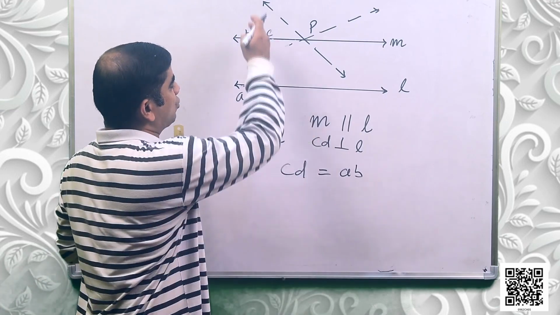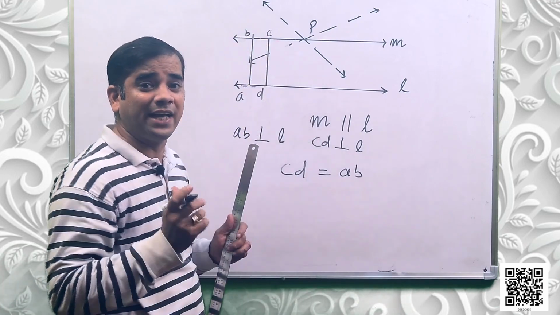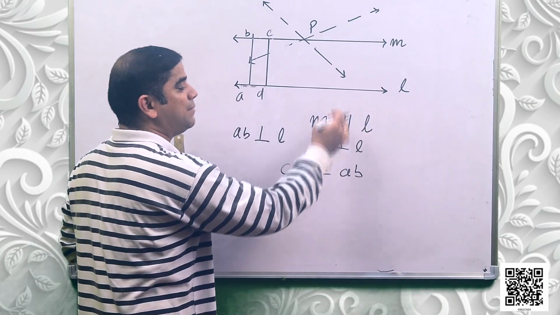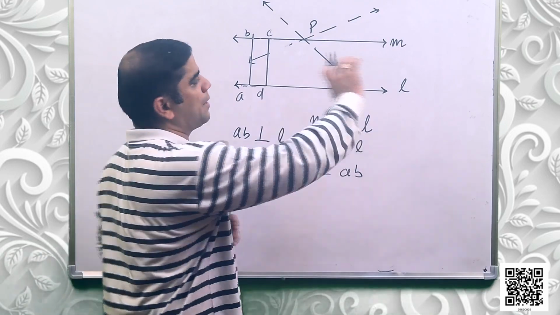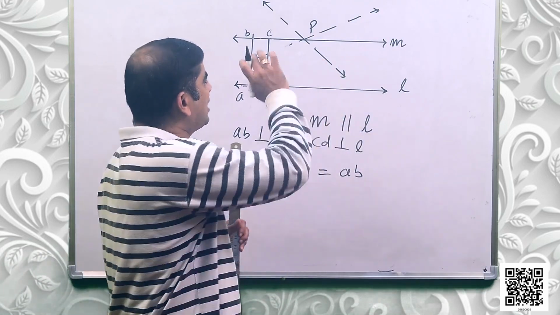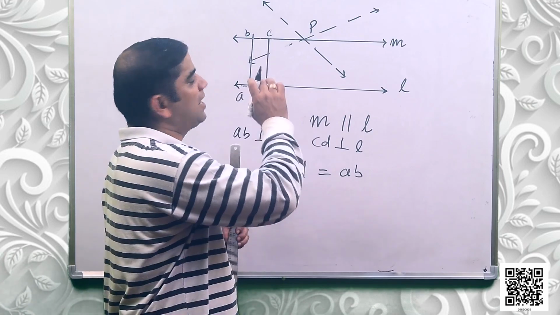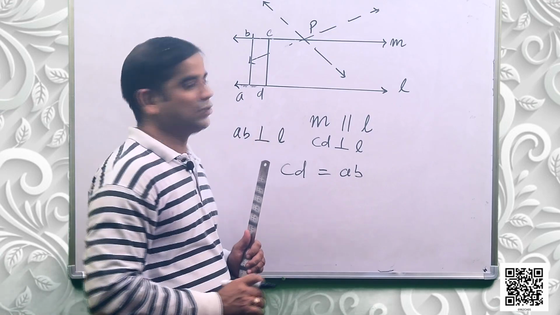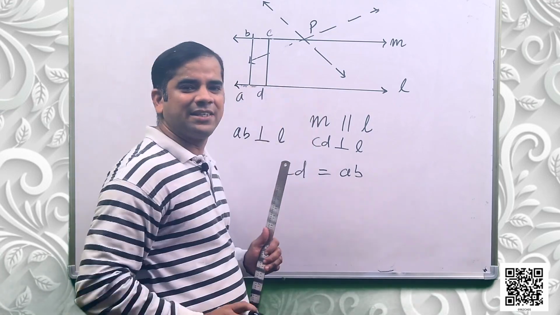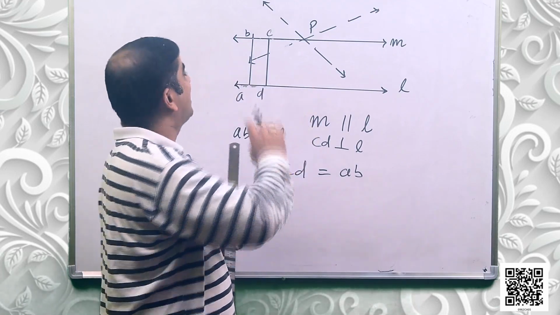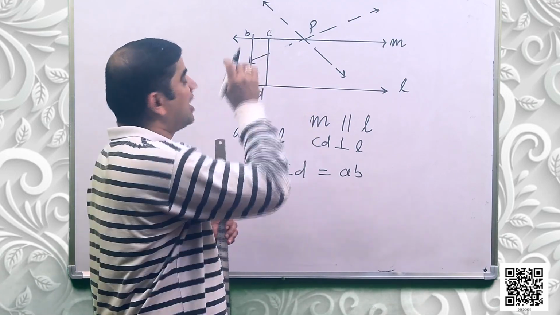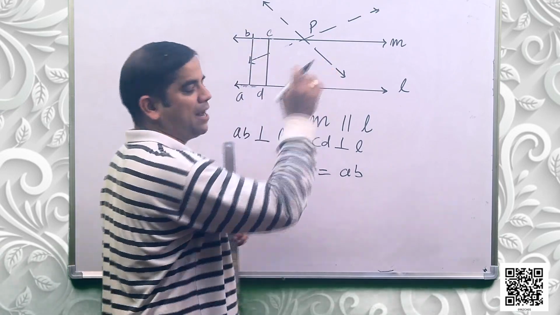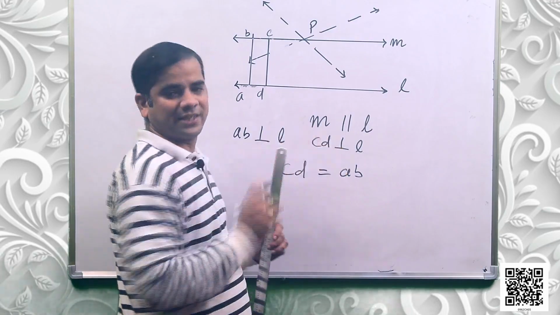In which case? In the case L is parallel to M, or you can say M is parallel to L. All the perpendicular distances between points which lie on M and L are equal. So the perpendicular distance between a point and another point on two different lines, in this case M and L, remains constant.